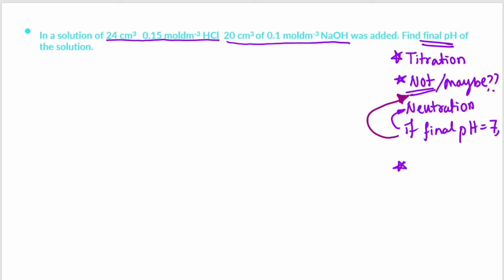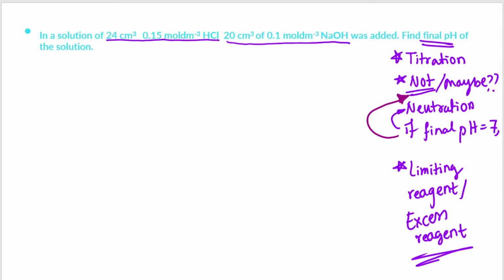So in questions where they give us the ability to easily find the mole values of different solutions, we must understand that this is usually a limiting reagent or excess reagent type of question. So with these in mind, let's get started with solving this question.